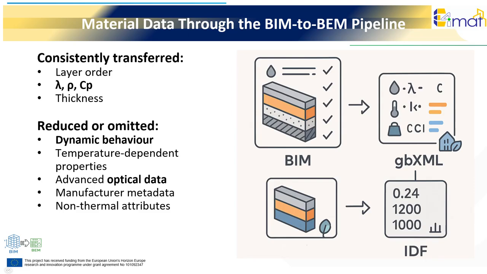Understanding which properties persist and which diminish helps identify where targeted digital documentation or simplified simulation parameters may be necessary. This ensures that essential characteristics of innovative materials remain visible and meaningful once they enter energy modeling environments.